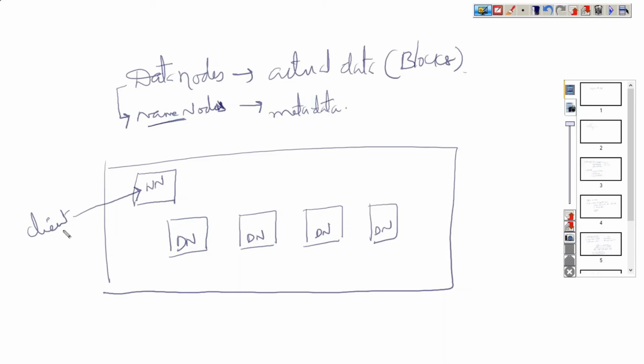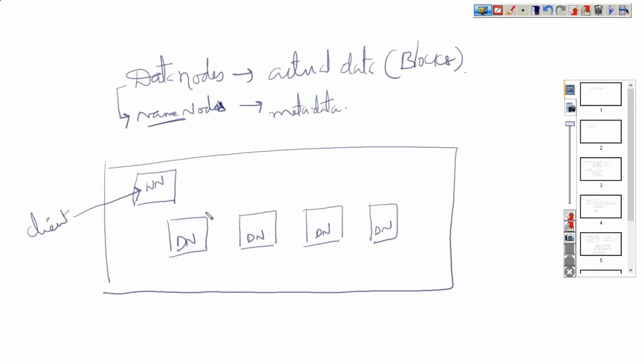Similarly, when a client is trying to read data from HDFS, in that case also the client will ask the name node only. The name node is going to give the information that these are the blocks present with these data nodes, and you can read the data from them. This is how it is going to happen. Now, this name node is maintaining some references.